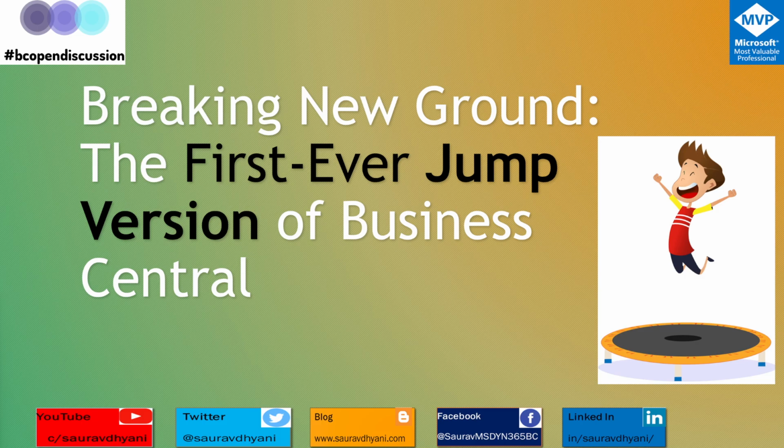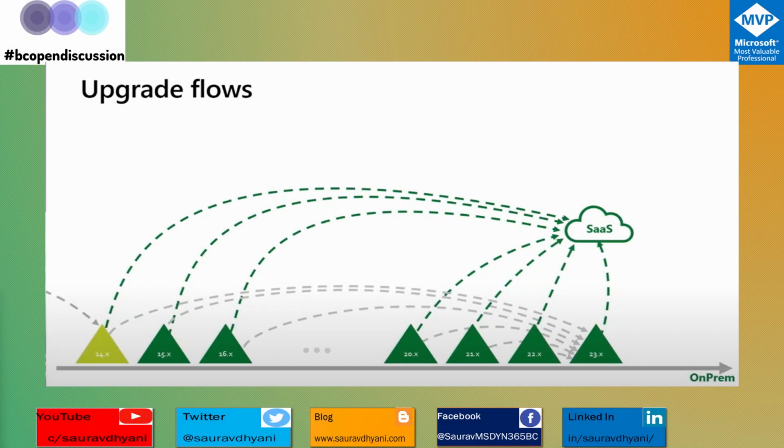So what happened is, as of today, when we are on Business Central 23, 24, we can come from any version directly to Business Central 23 and to Business Central SaaS. So as of today, if I have to upgrade a customer, I will have to bring them to Business Central 14.